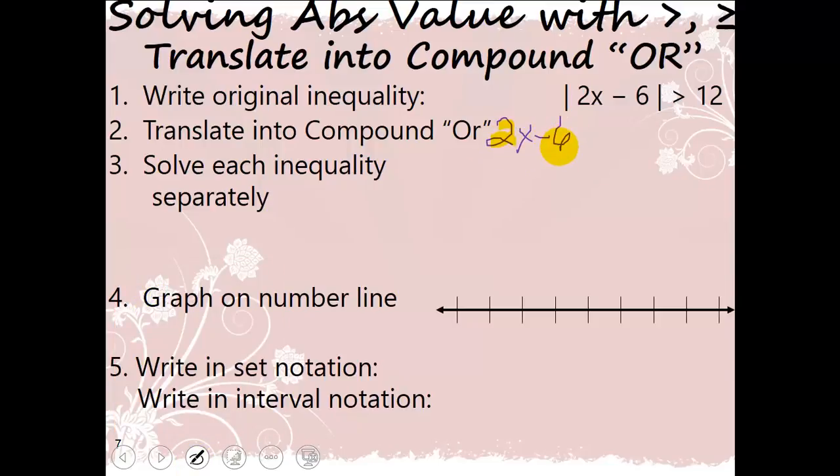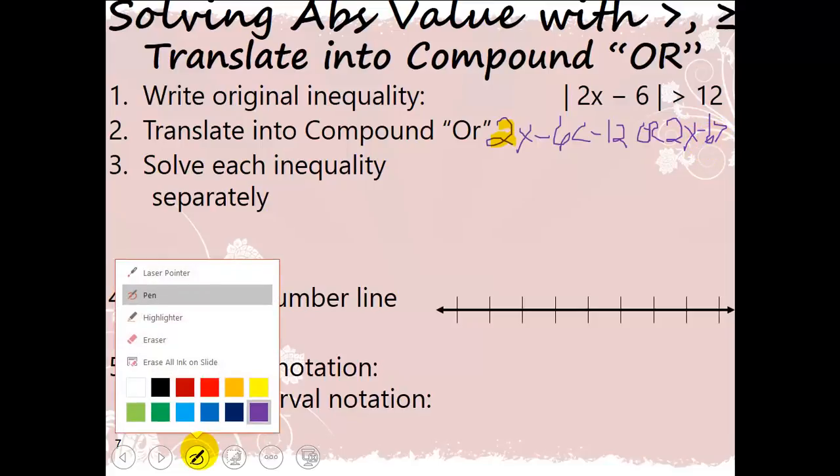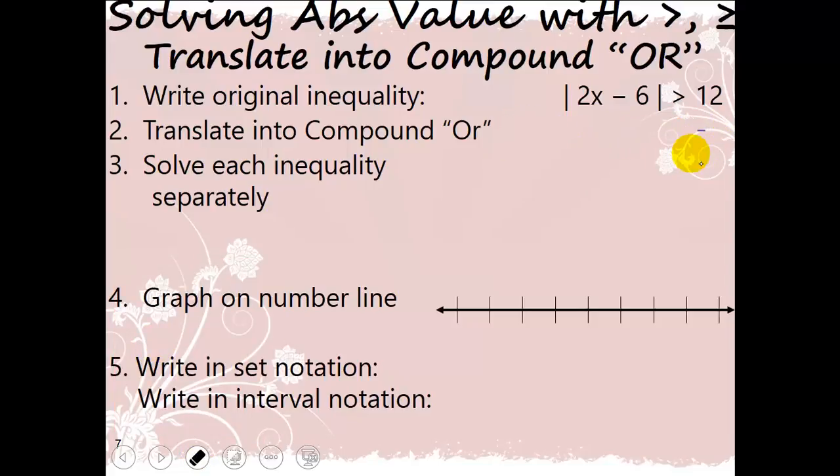2x minus 6 has to be to the left of negative 12, so less than negative 12, or 2x minus 6 is greater than 12.